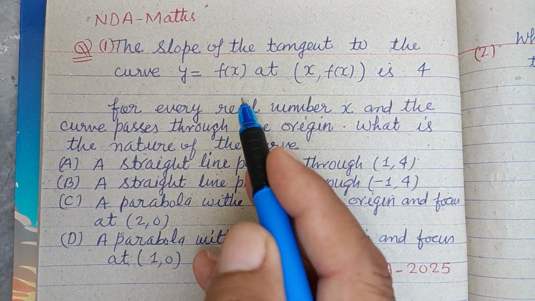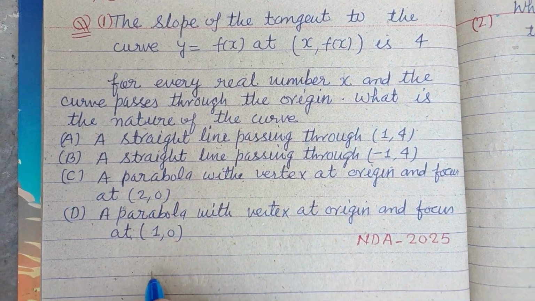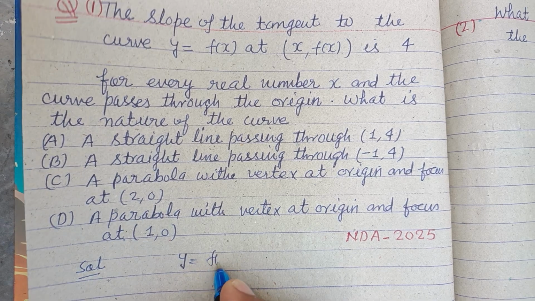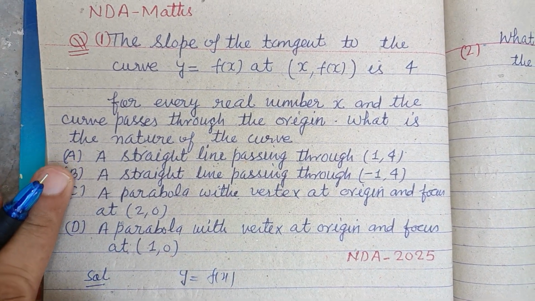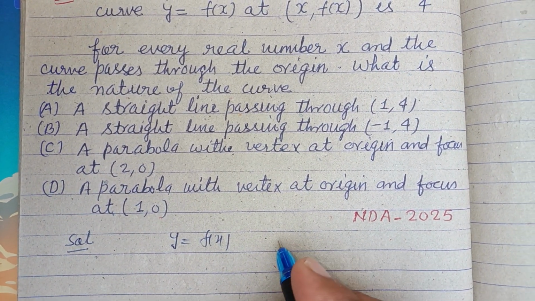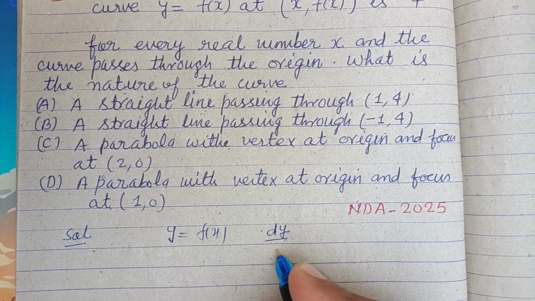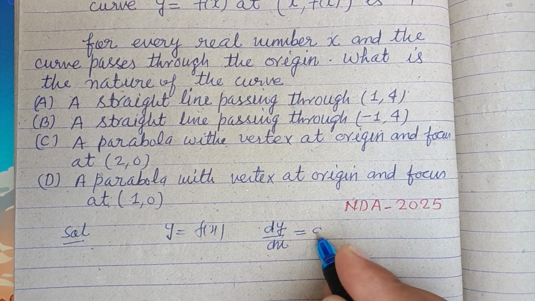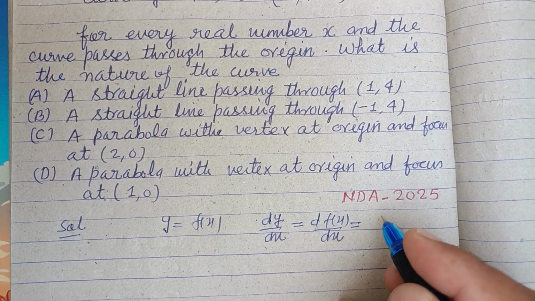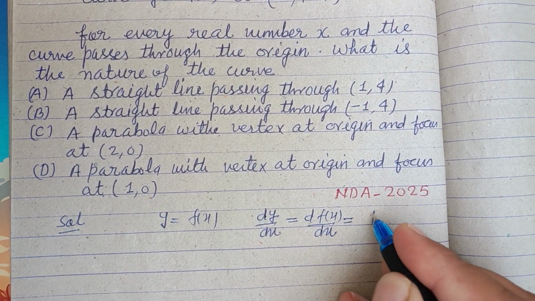So student, here it is given that the slope of the tangent to the curve y equal to f(x) at (x, f(x)) is 4. Tangent means dy by dx, or d f(x) over dx, that is given to us as 4.